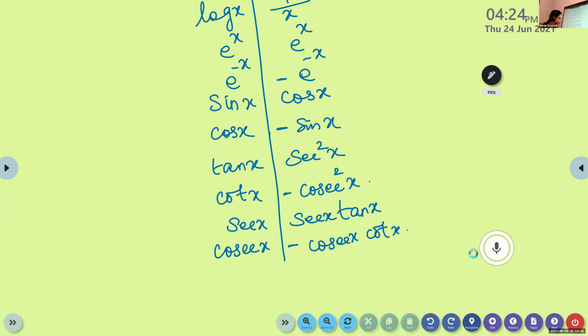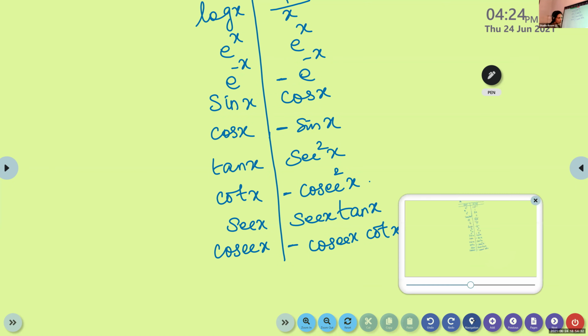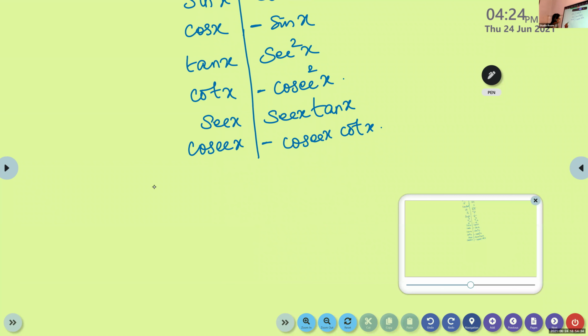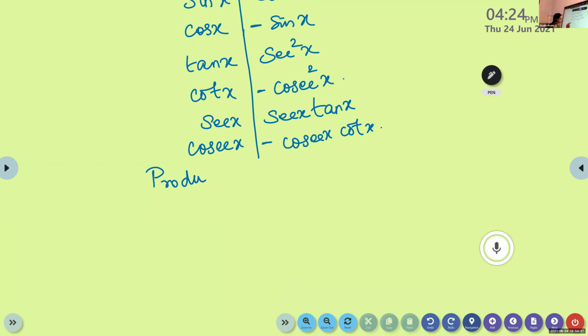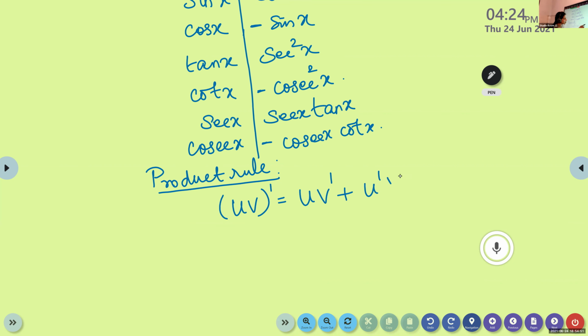Along with this, we have learned the product rule and quotient rule for derivatives. What is the product rule? (uv)' is equal to u v' plus u' v.